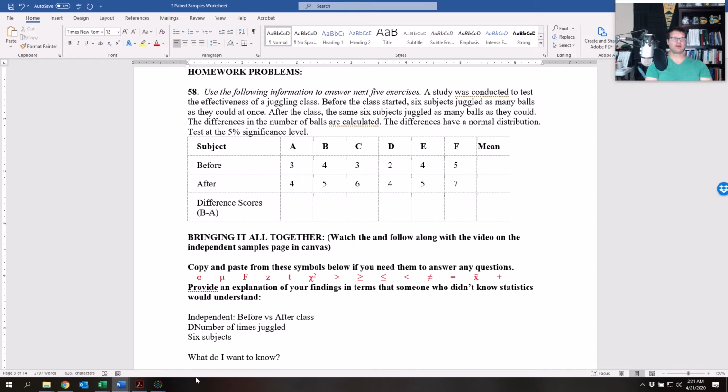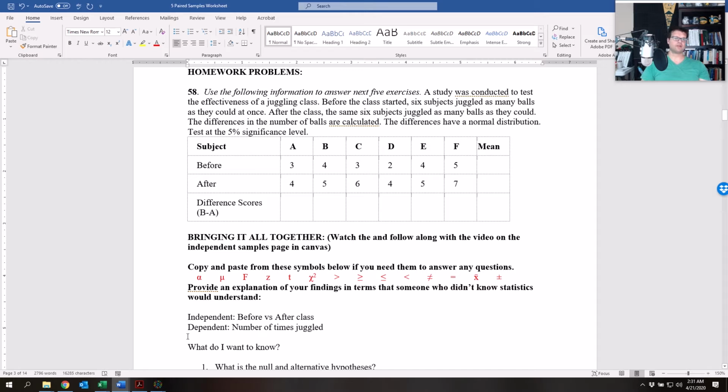So we're going to put this as the dependent variable. So we've got the independent variable, before and after, and then we've got the dependent variable, the number of balls juggled before and after class. And the 6 subjects, those are just the subjects, but we don't need to worry about those.